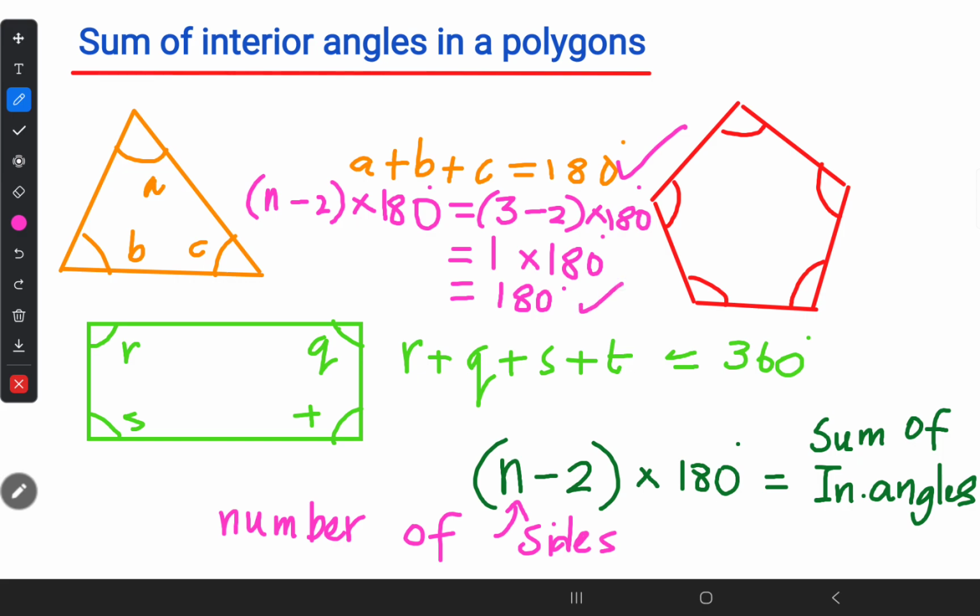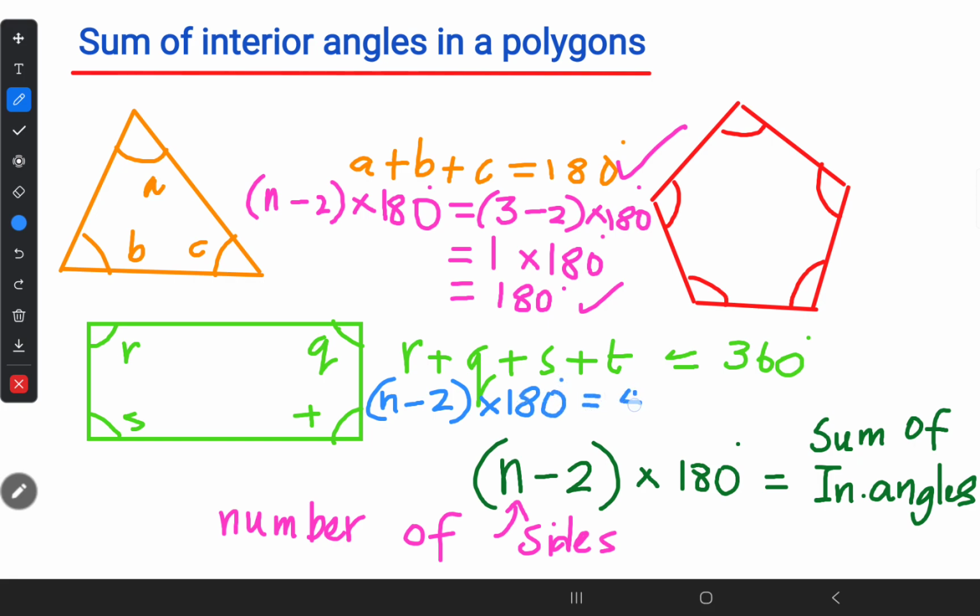In the second case also, let's check whether this satisfies our condition or not. n minus 2 into 180. In this rectangle, how many sides?